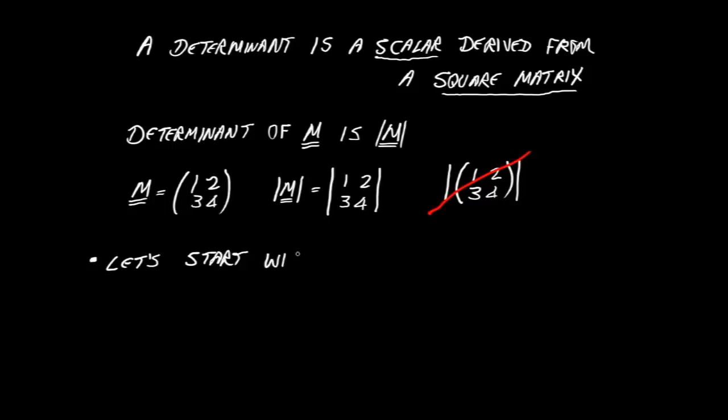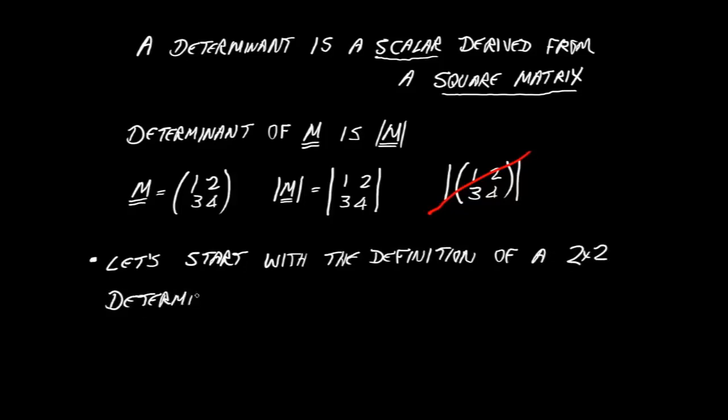So let's start with the definition of a 2 by 2 determinant. That's the easy case to look at. So let's write out a general 2 by 2 just using symbols. We'll have A, B, C, D written inside our straight line sides indicates a determinant. It's simply AD minus BC.